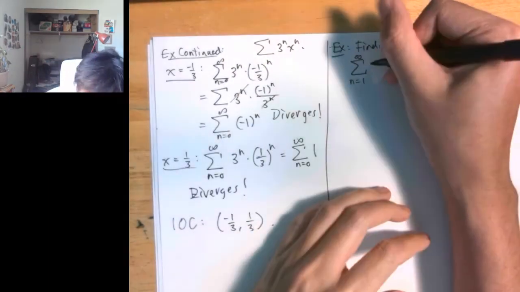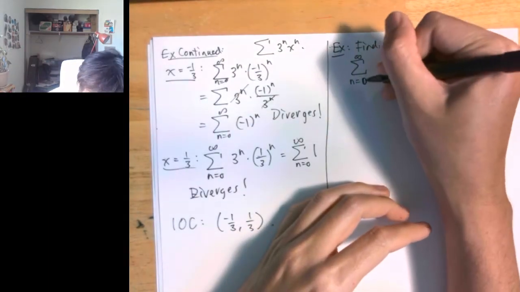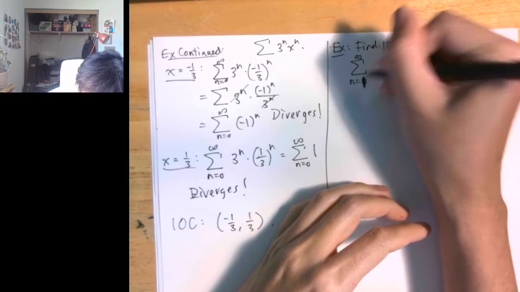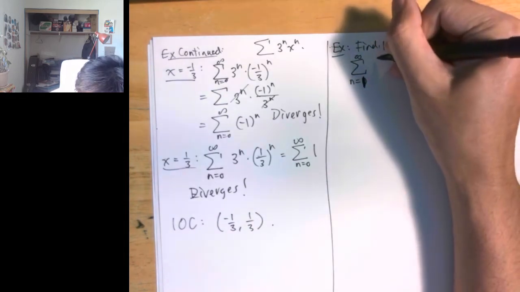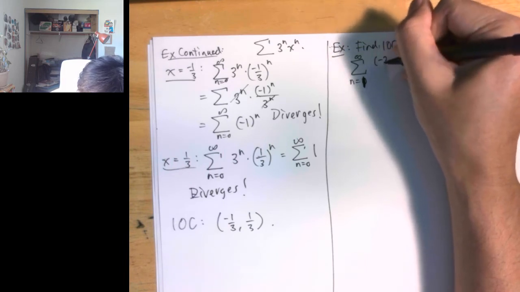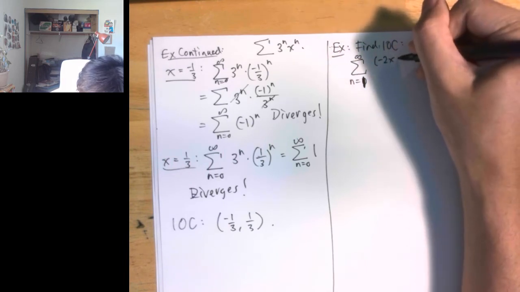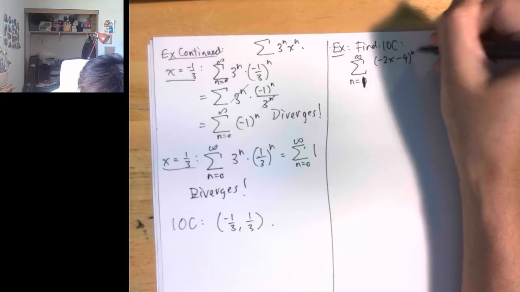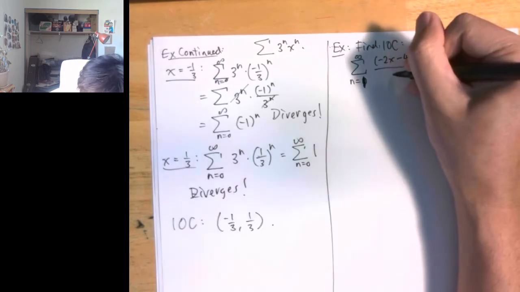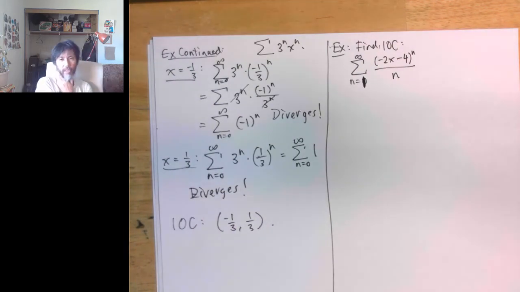We're going to start it at 1 here. Let's do negative 2x minus 4, to the nth power, divided by n. Yeah, let's do this. I like it.